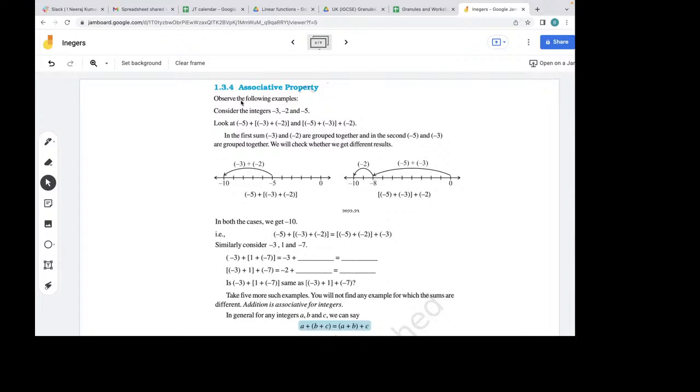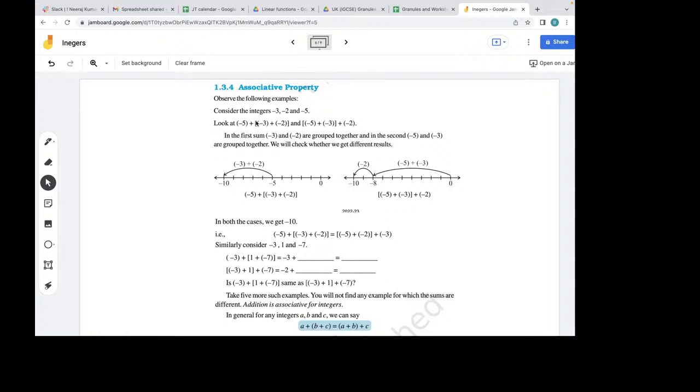Okay, now observe the examples. Consider the integers minus 3, minus 2 and minus 5. Let's take these numbers and find out whether integers follow the associative property or not. Now look at minus 5 plus (minus 3 plus minus 2).